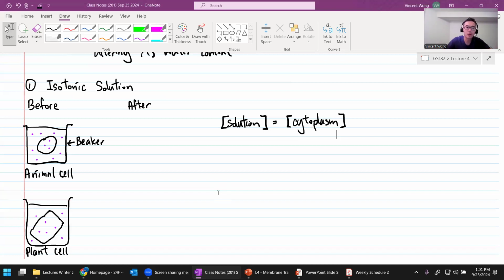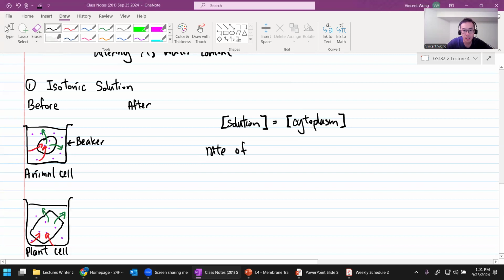The more accurate way of describing it would be it's not that the water is not moving. However, the amount of water that's moving in is going to equal the amount of water that's leaving the cell. So overall, they cancel each other and there is no net movement, but the water is still coming in and leaving. Let me write that down for you.